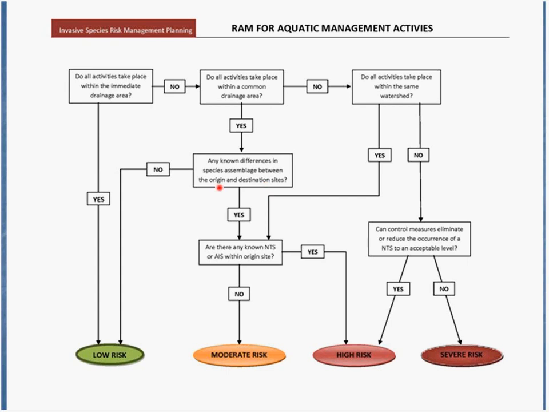An origin would be where you're leaving from, and the destination where you're going to. Or any NTS or AIS within the region, origin site. So you've got New Zealand mud snails in the Stanislaus River. So if you're jumping between sites, you'll probably have a high risk activity in the Stanislaus.